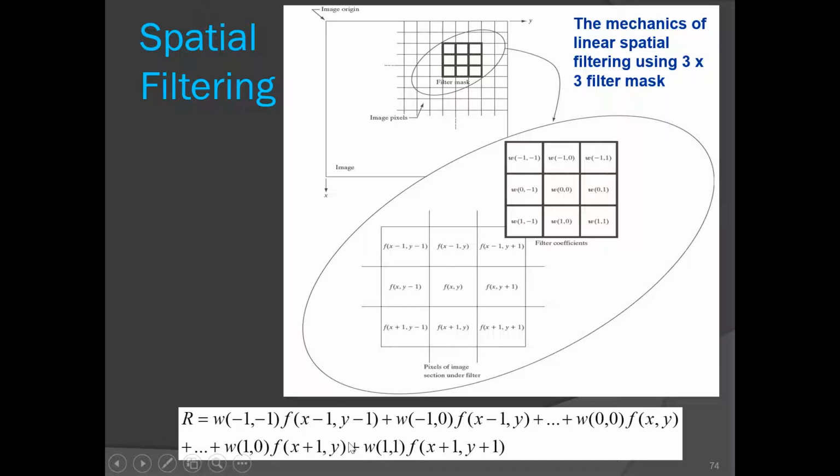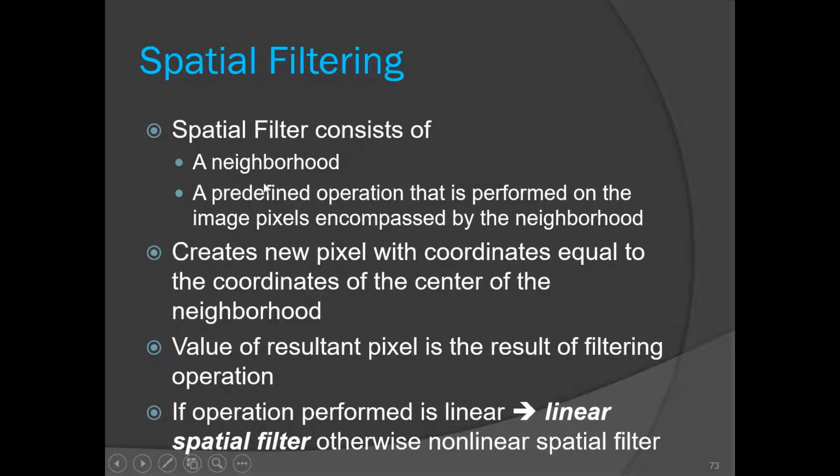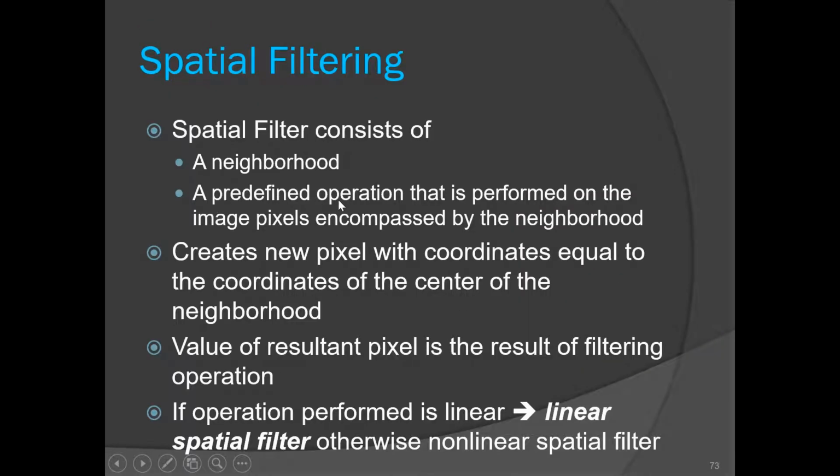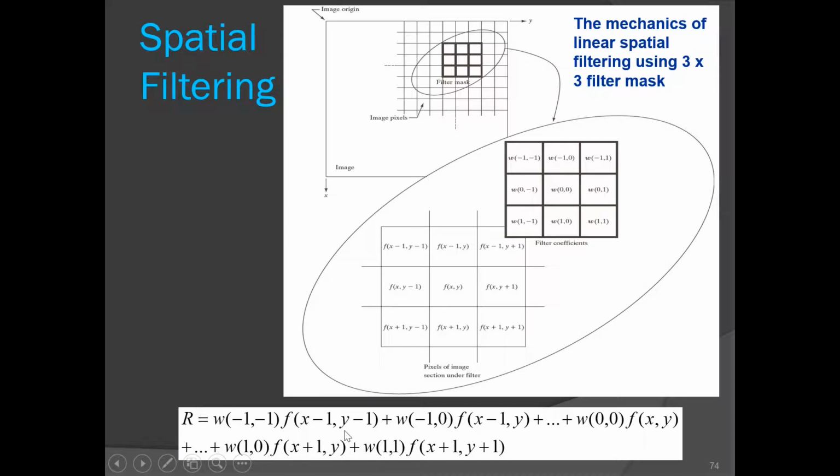So we have here the sum of product of filter coefficients and the image pixels, and this mask is convolved over all the pixels. This is one example of spatial filtering. Here the neighborhood is of 3 by 3 size, and the predefined operation in this case is the sum of product. This is how we apply the filtering.